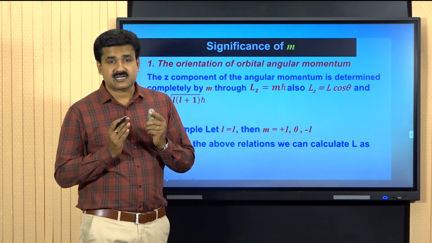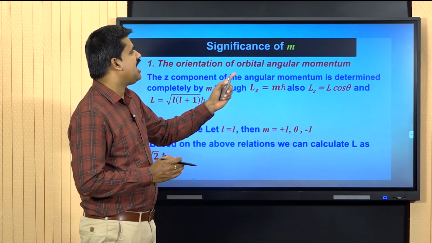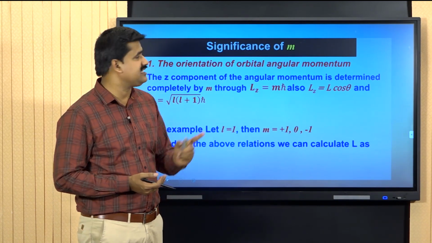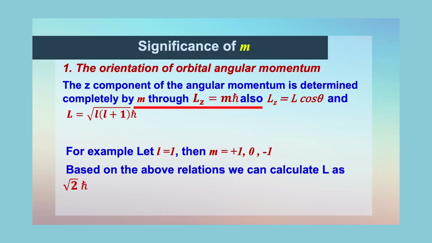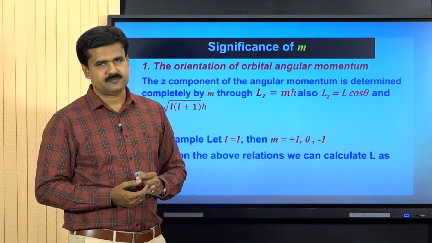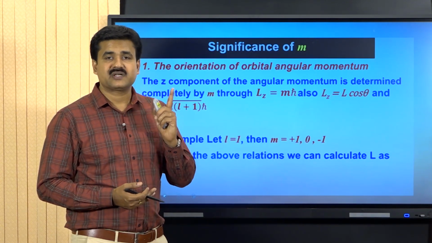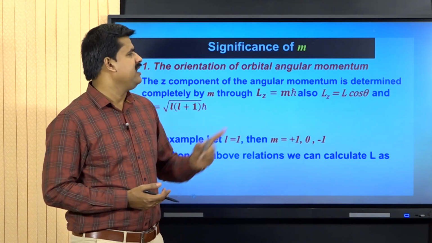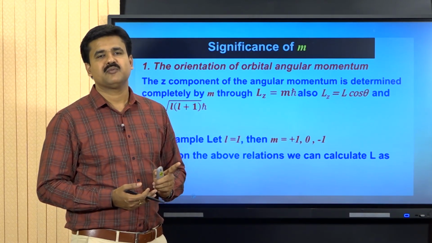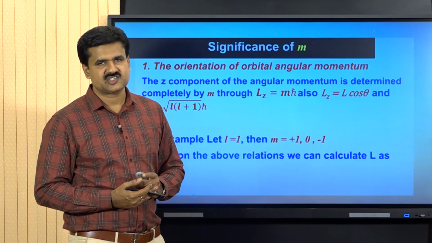The Z component of the angular momentum is determined completely by m through Lz equal to m ħ. Also, Lz equal to L cos theta. Capital L represents total angular momentum. Lz represents the component of angular momentum along the Z direction.